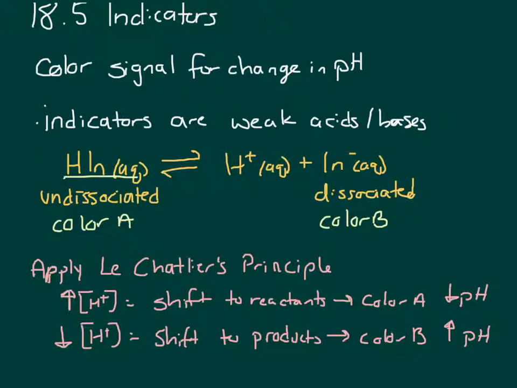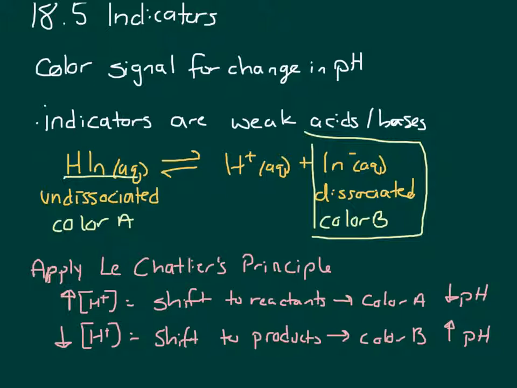This is the undissociated form of our indicator, our acidic indicator. So that's going to have one color depending on the type of indicator it is. It can dissociate into its hydrogen ions and the indicator itself, whatever it happens to be. What we are actually looking for is that indicator, and that is going to be the change in color.